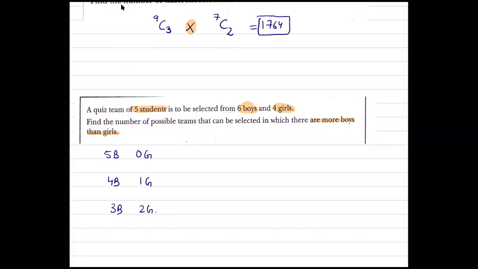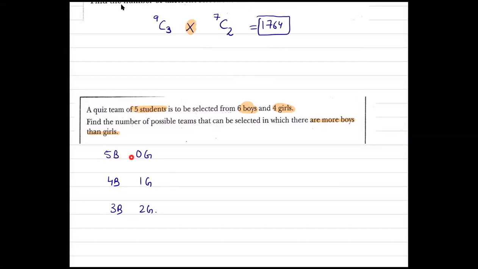Would I be taking 3 girls and 2 boys? No, then it would become more girls than boys. Exactly. Then you would get more girls than boys. So these are the 3 cases. Now we are going to deal with the cases individually.